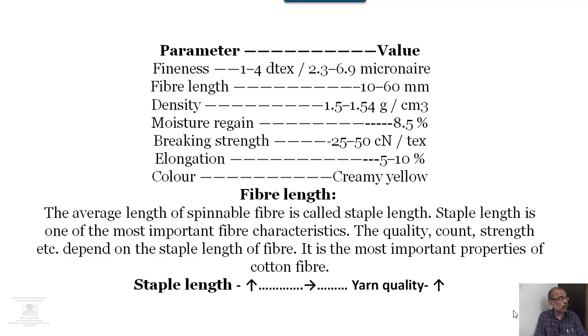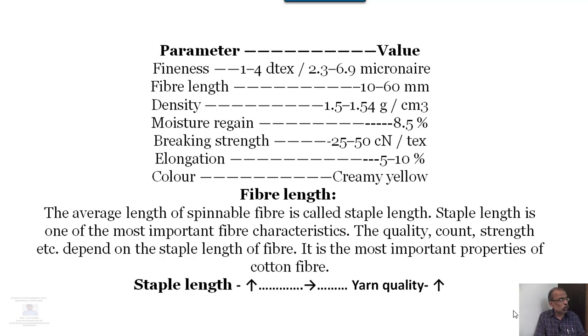Now, the prime consideration about the attributes of this particular material is how it will perform on the machine, and secondly how it will render its characteristics in the yarn. So that way the length becomes very important.